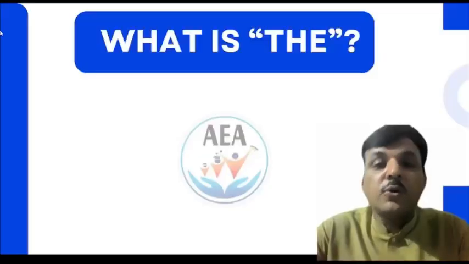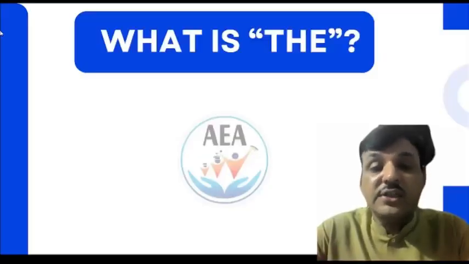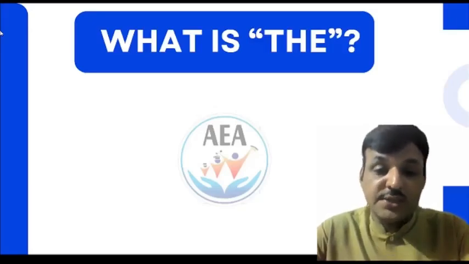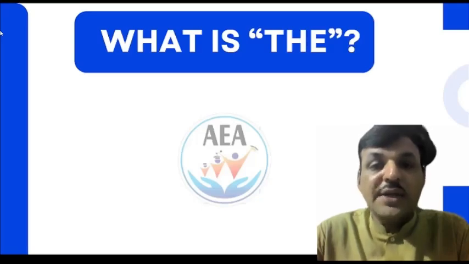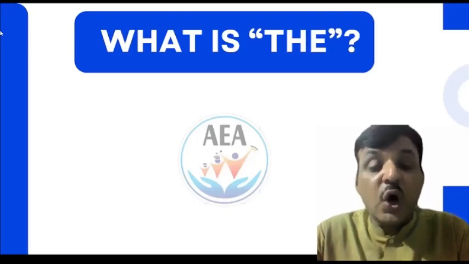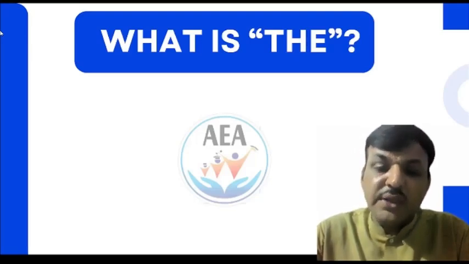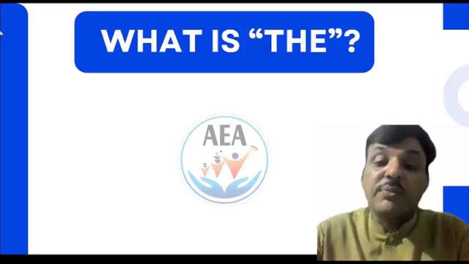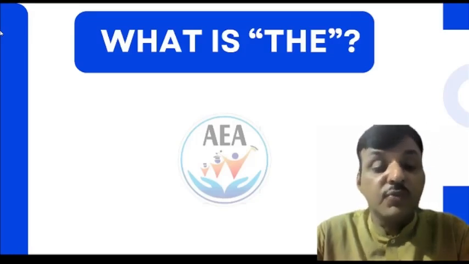Before we learn about the use of the article in English, we need to know what "the" is. In English, "the" is called the definite article because it talks about a specific noun, person, place, or thing. Definite means something clear or exact. So a definite article points to something special or already known.